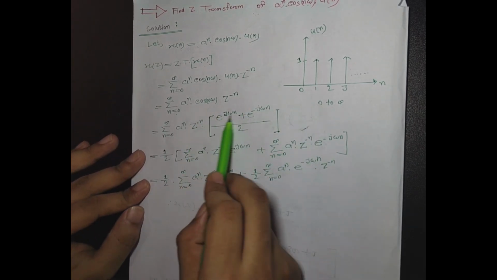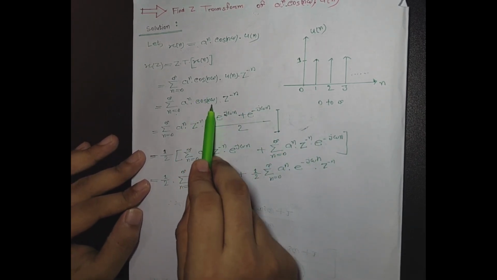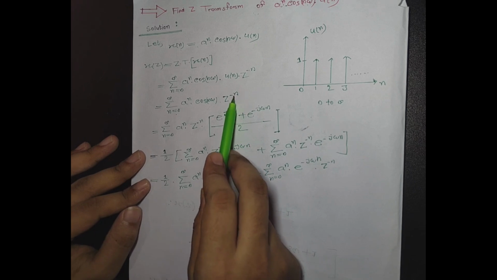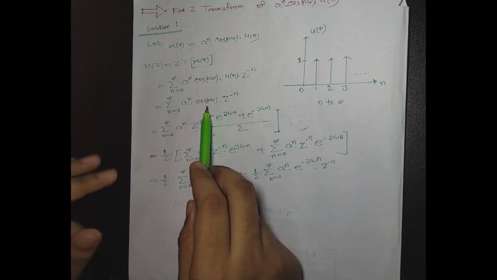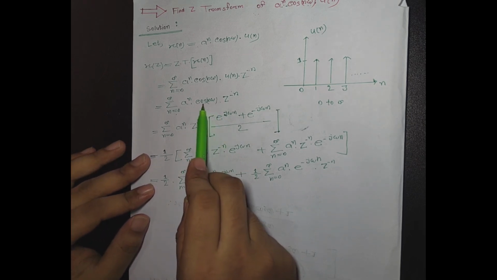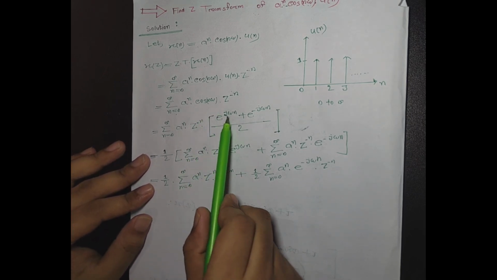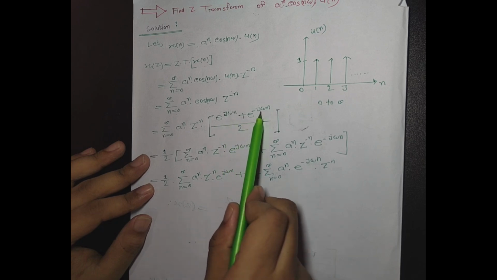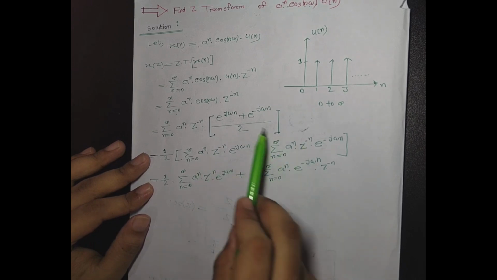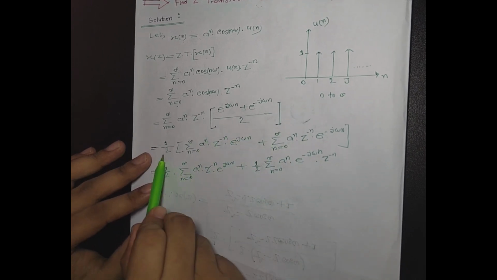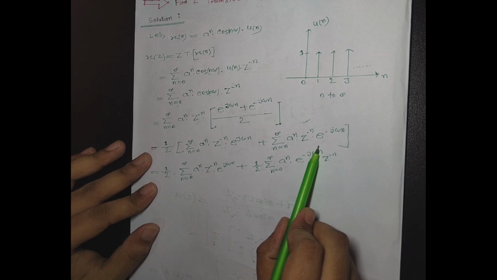a to the power n cos(nω) into z to the power minus n, and we can write the formula cos(nω) equals e to the power jωn plus e to the power minus jωn divided by 2.